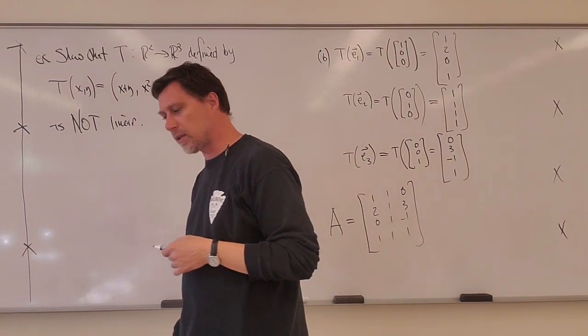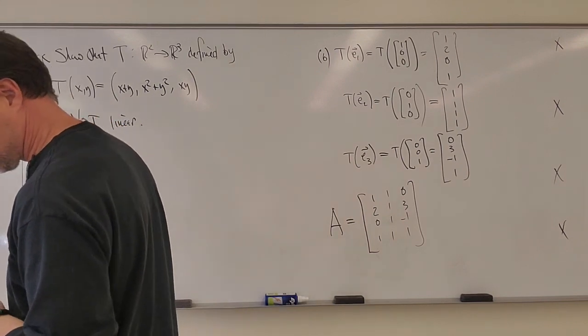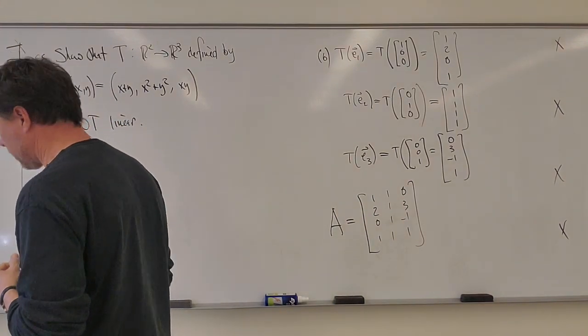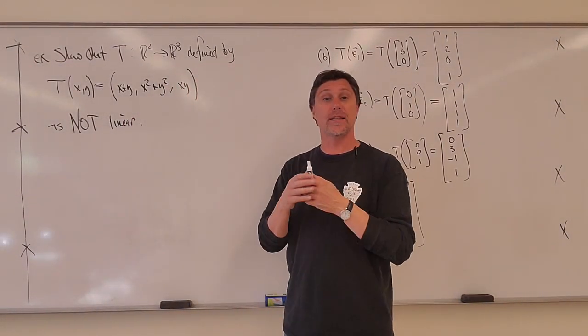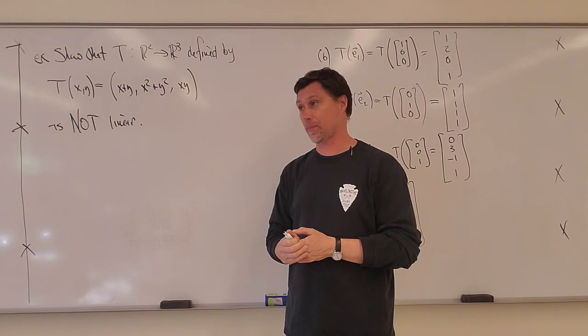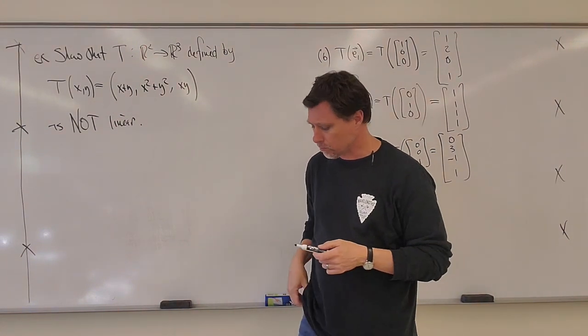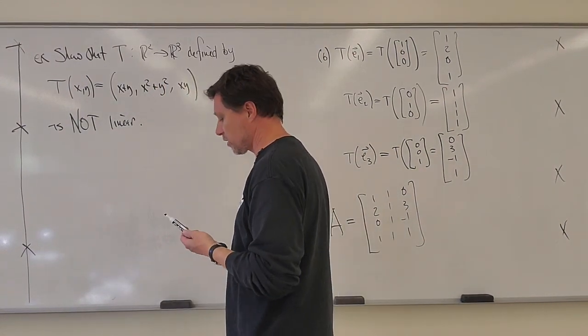Now the way to do this, well, actually there's a couple ways to do this. Let's do this one. So how do you show that it's not linear? You show that it does not satisfy one of the two properties that linear transformations have in their definition. So either part A or part B of the definition of linear transformation fails.